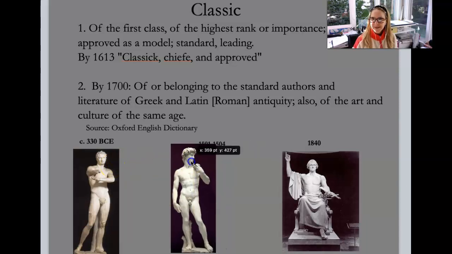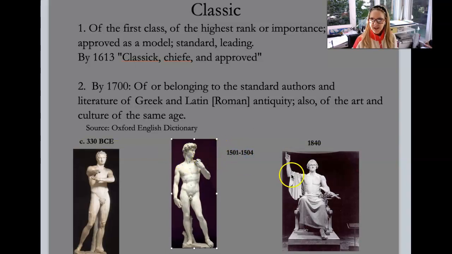You have that famous sculpture of the David by Michelangelo. And of course, we have a sculpture done in 1840 in what we call the neoclassical style of what was supposed to be George Washington looking like Zeus, which is not how we like to represent our leaders. All very, very different time periods that you see here, but from this kind of classic style.